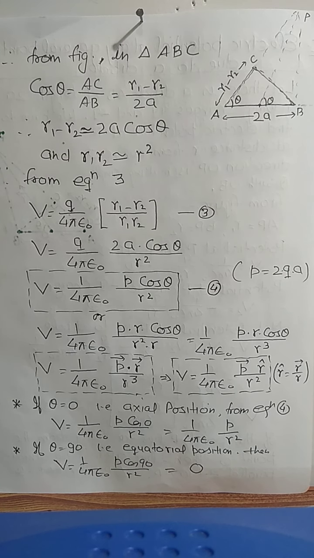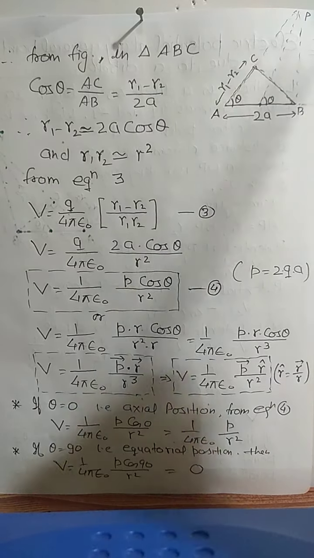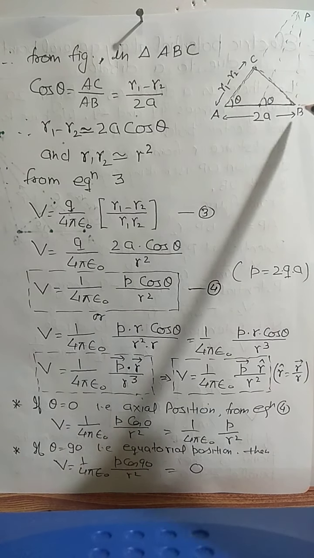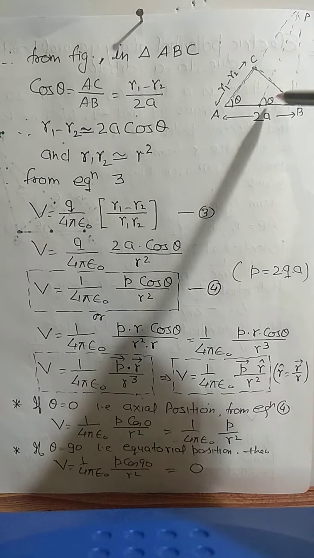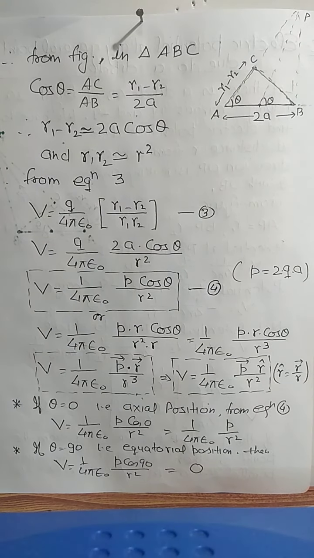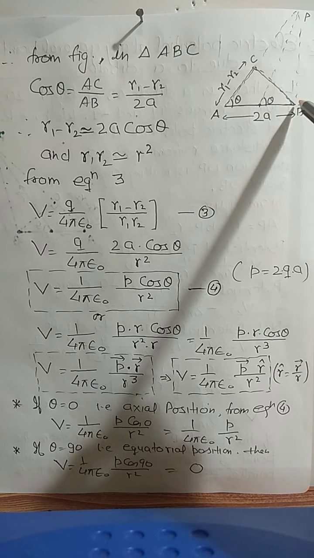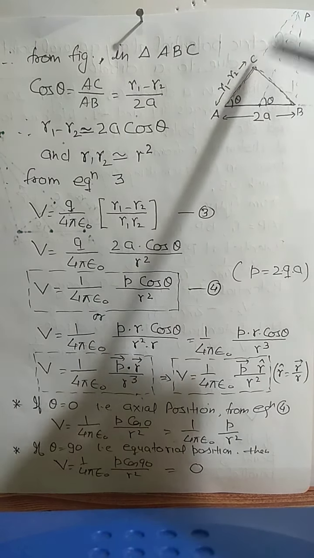Students, from the previous figure, in triangle ABC, I told you that this angle theta will be equal to this angle theta if the point is far away. Now draw a perpendicular: BC is perpendicular on AP.